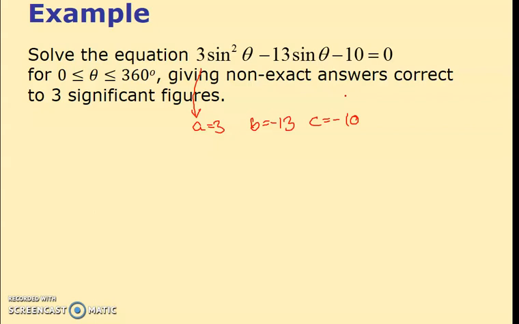What answers do I get? Well, this is where you've got to use your brain a bit. It says x1 equals 5, so we're not going to write that, it says sine, so we're going to write sine theta equals 5, that's my first answer. And then it says x2 equals minus 2/3. So I'm going to write sine theta equals minus 2/3.